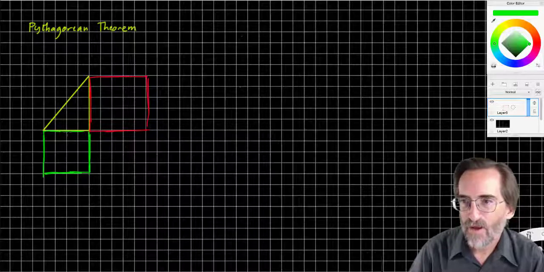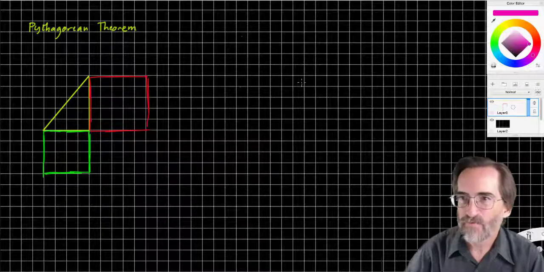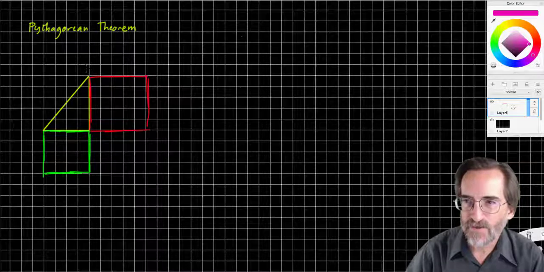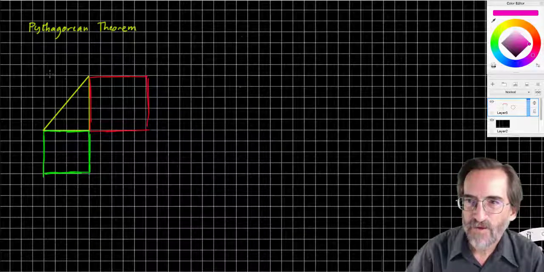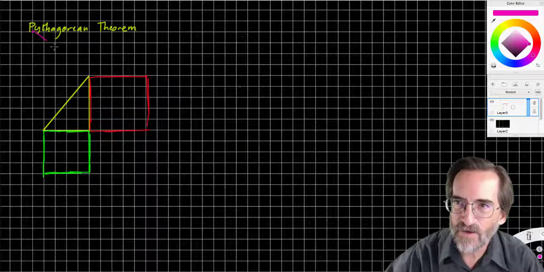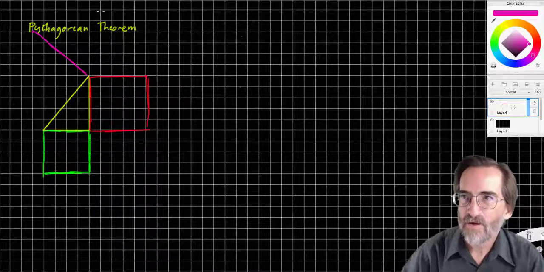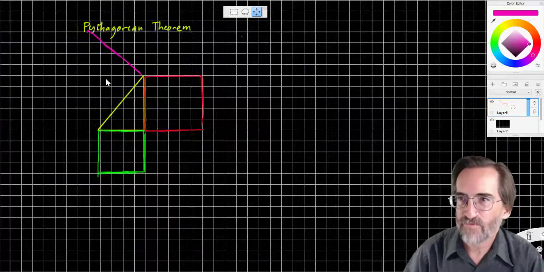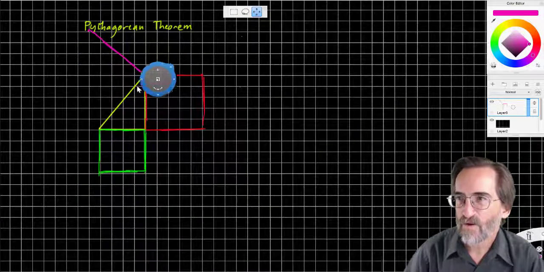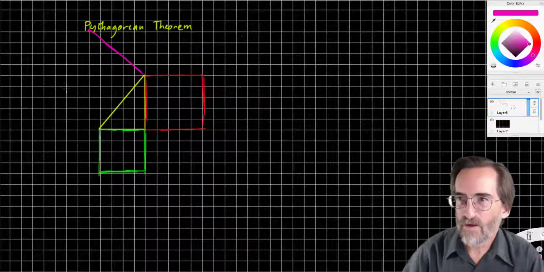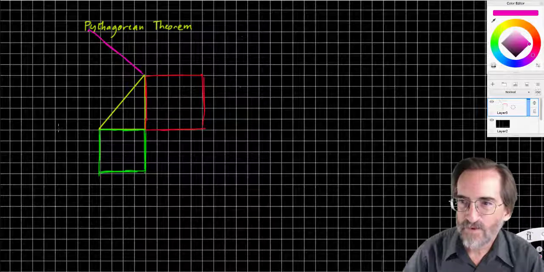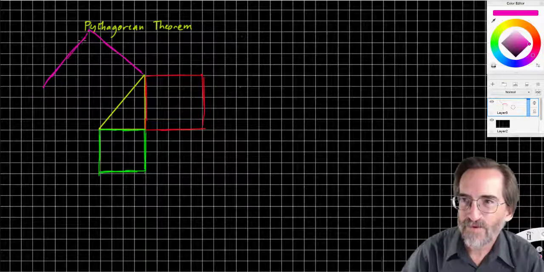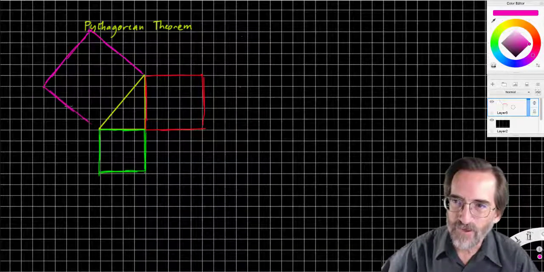Okay. And if we take another square and attach it to this side, so goes like so here. Okay, and I'm going to move things here a little bit. There we go. All right. Here I am sketching it and still trying to make it perfect.